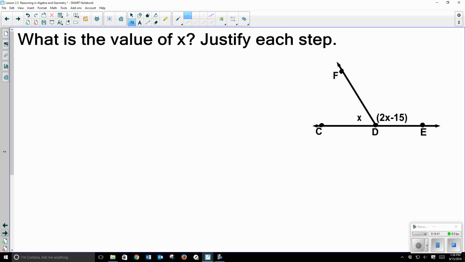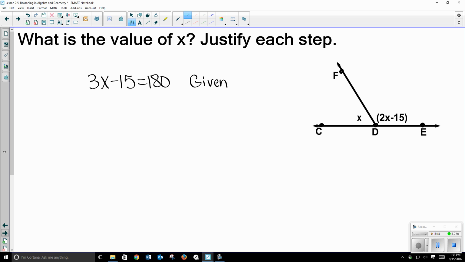What do they equal? 180. Good. Instead of writing x plus 2x minus 15, let's go ahead and combine that in our head. Can we do 3x minus 15? Would that be confusing? Do you understand why it would be 3x minus 15 equals 180? And I'm going to say that that's the given information. This is the given information in the figure.